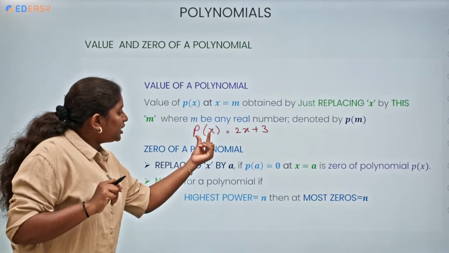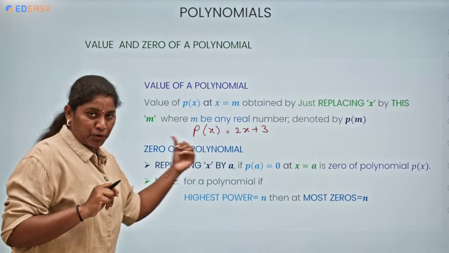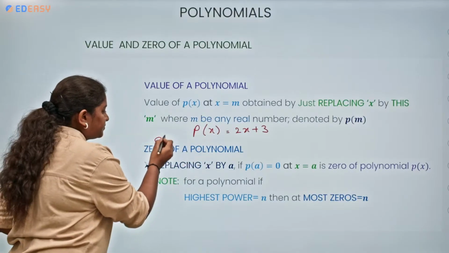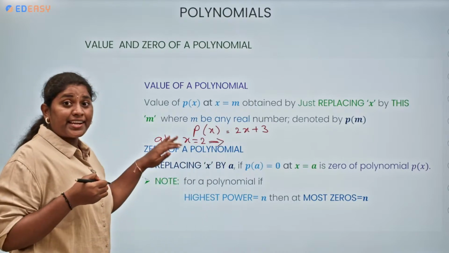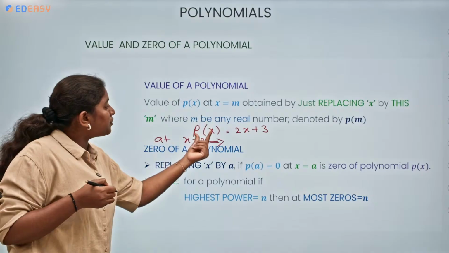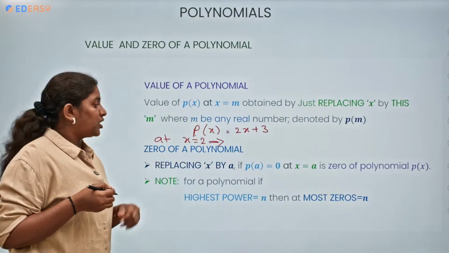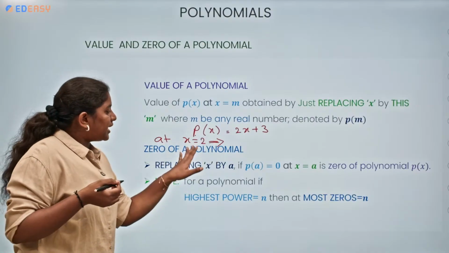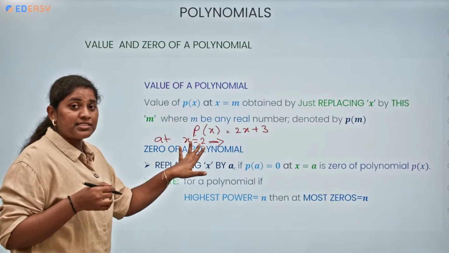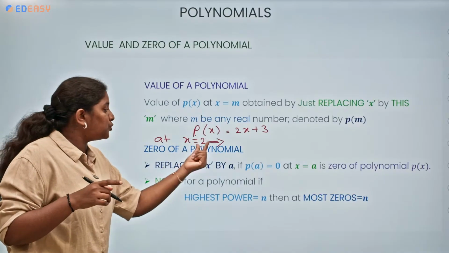Now I need to find the value of this polynomial at x equals 2. How will we find it? Just replace your x with the value 2.